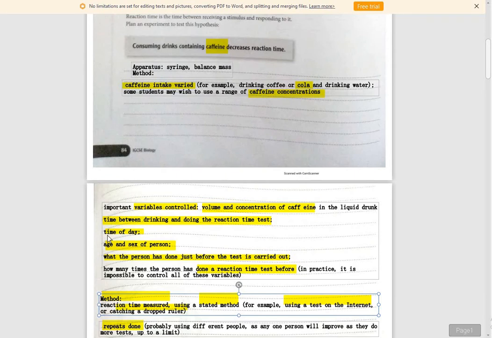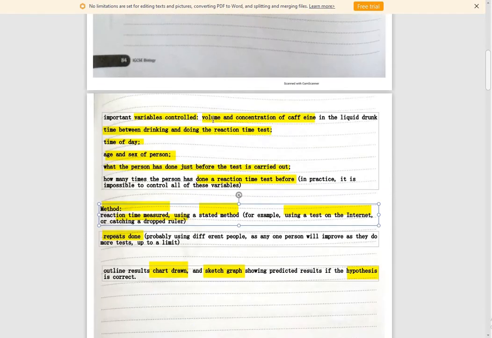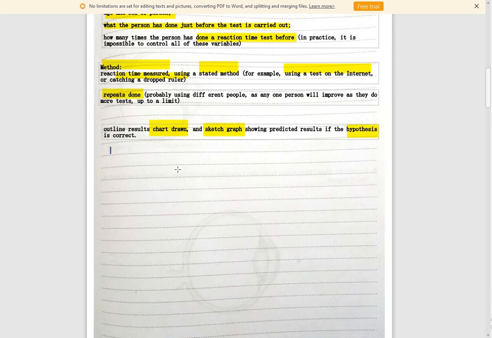There's one order that's easier for the examiners to understand, and you should write in this way. Number 1 being apparatus, number 2 being the method, number 3 mentioning the independent variable, dependent variable, and constant variables.